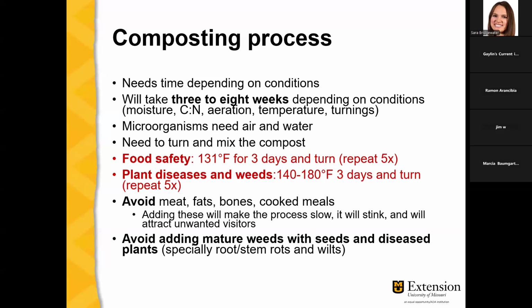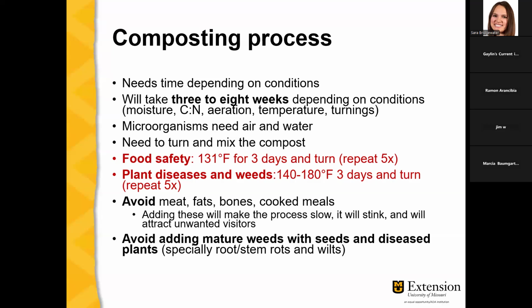But be aware of the microorganisms that you won't be able to kill at those temperatures. You don't want to put them in the pile in the first place, so only put plant material that is relatively healthy, not with soil-borne diseases. I'm going to show you a few examples on that.